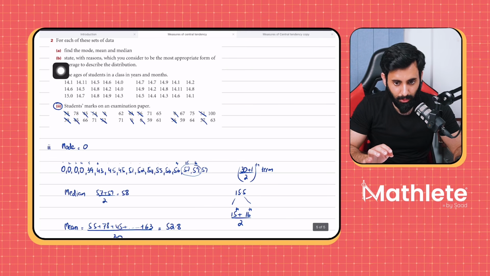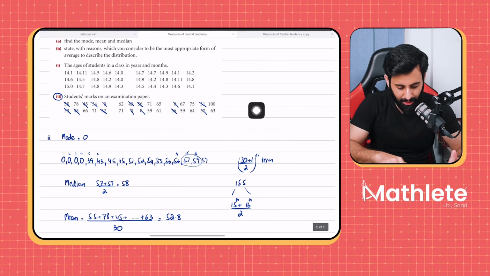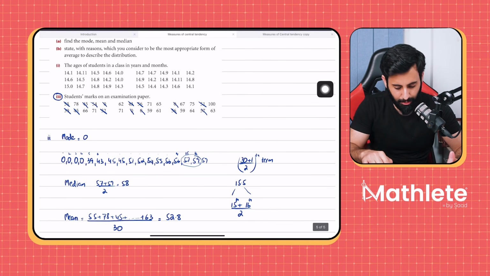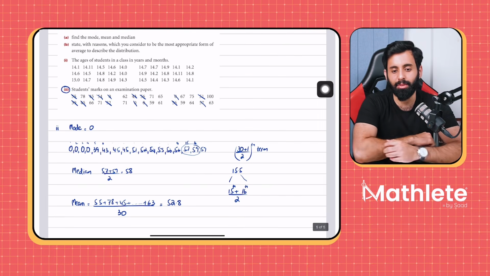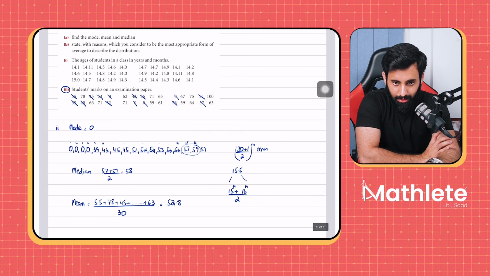Part B. What will be the most appropriate form of average to describe the distribution? So in this case, what would you prefer? Would you prefer mean? Would you prefer mode? Or would you prefer median for part 2? See, that's what I said, that you will get some lengthy calculations.